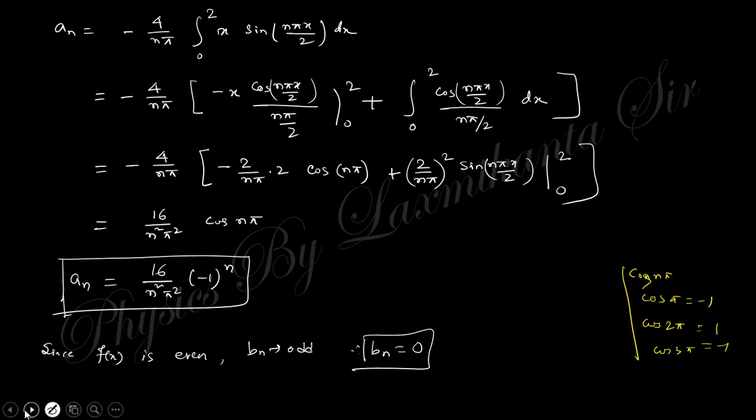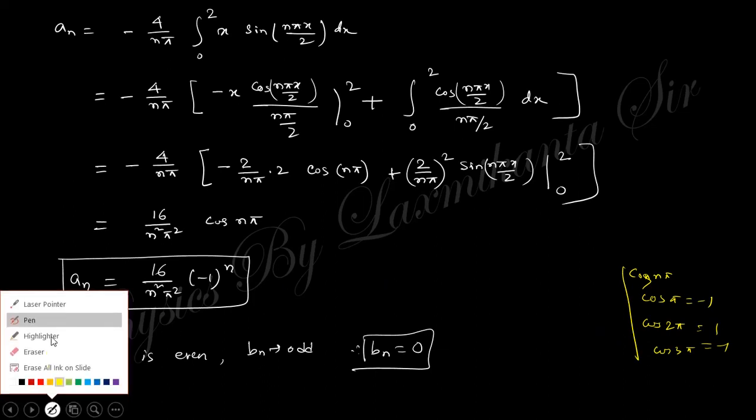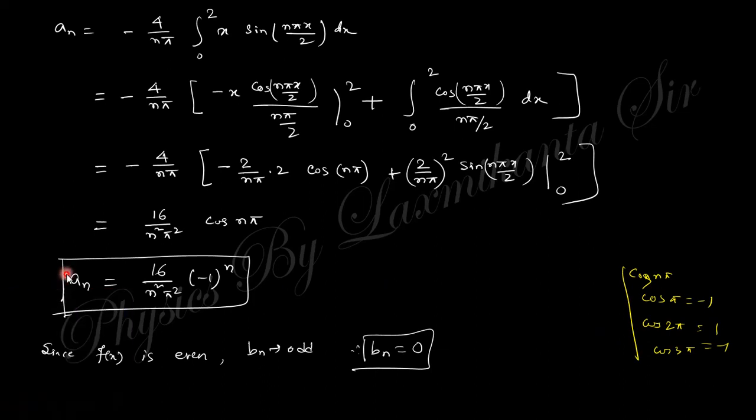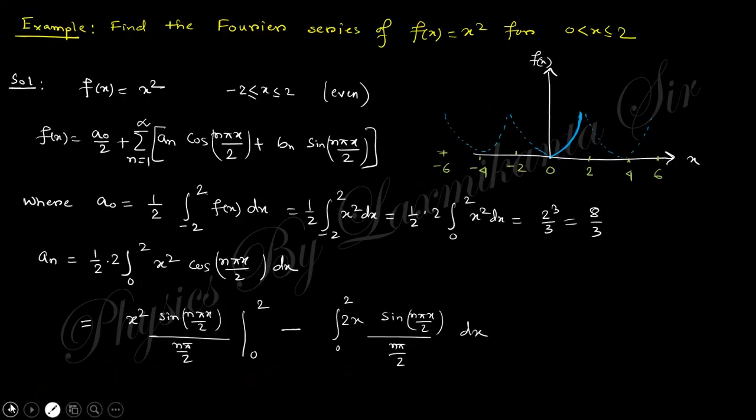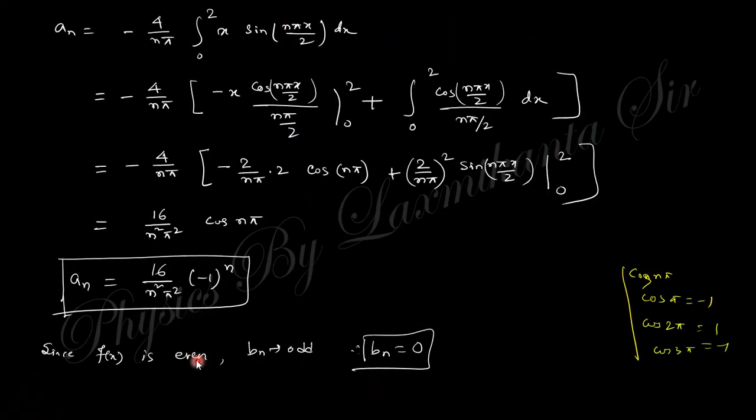Clear? So this is the solution of this coefficient. And bn equals 0, because this function is an even function. Since this is an even function, in the case of bn there is f of x and sine nx.